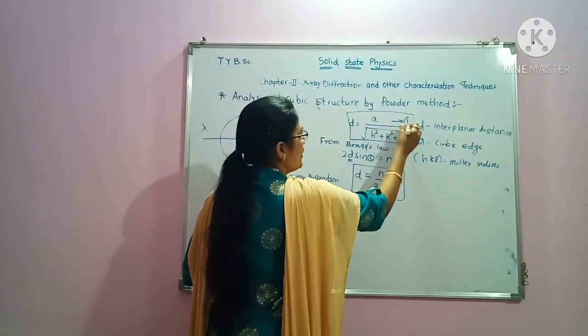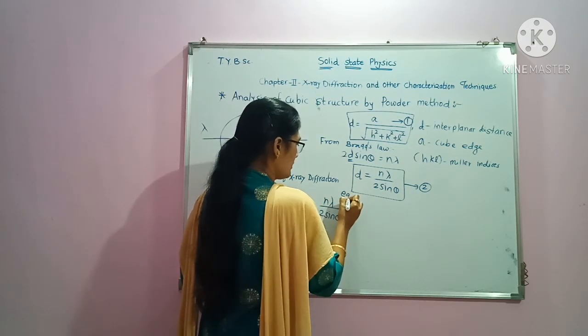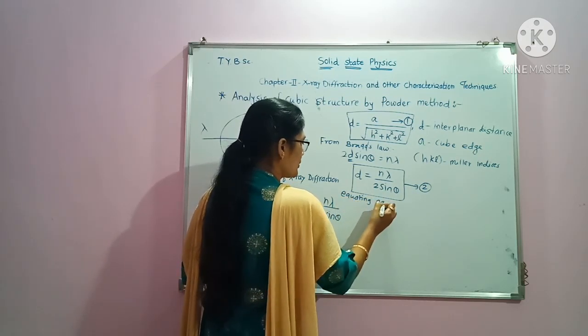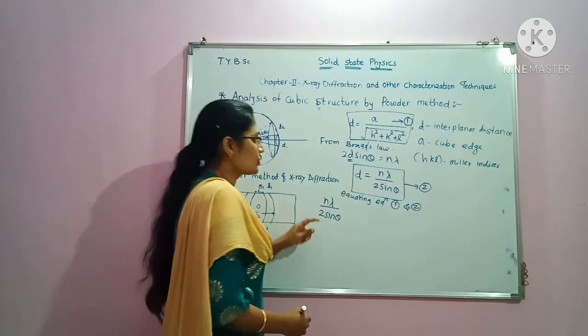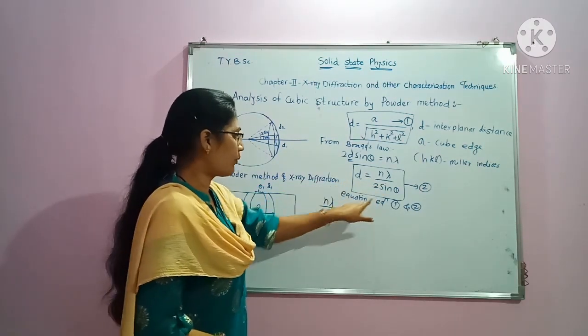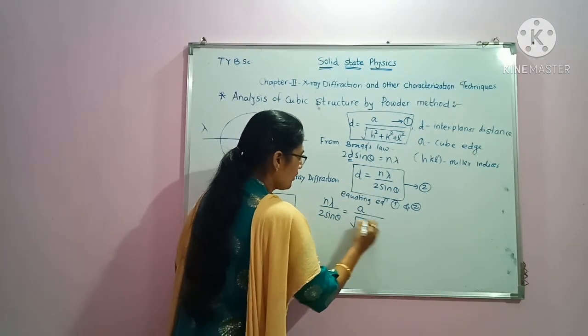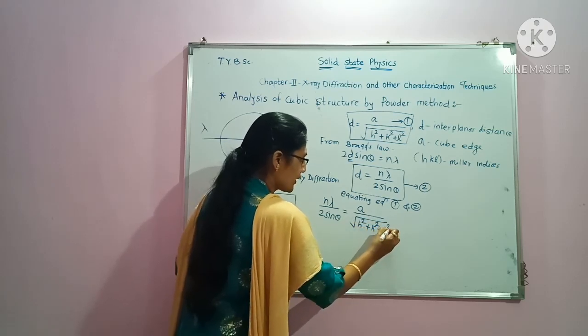Suppose this is equation 1 and this is equation 2. Equating equation 1 and 2, we have obtained n lambda upon 2 sine theta is equal to a upon square root of h square plus k square plus l square.